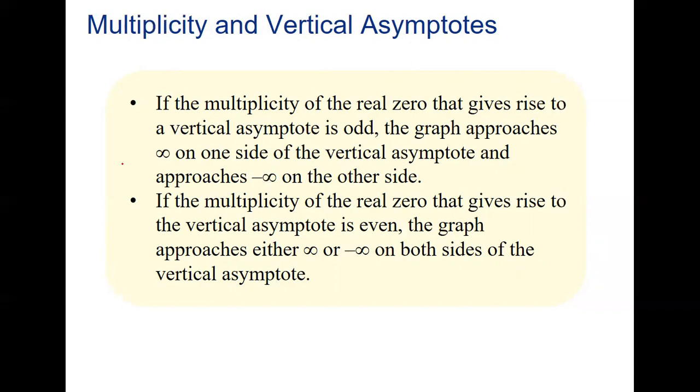So if I have an odd situation, my vertical asymptote will be doing opposite things. One will be coming this way, the other will be coming that way. Does that make sense? Okay, if I have an even multiplicity, an even situation, they're going to both be doing the same thing.